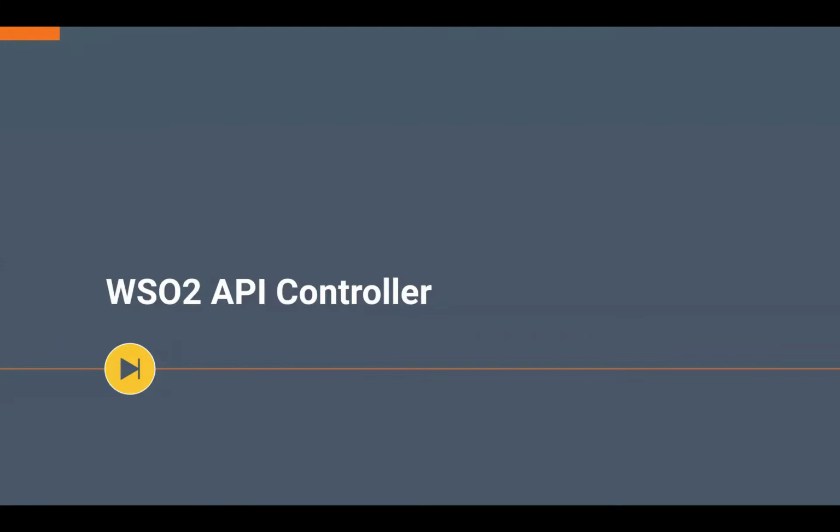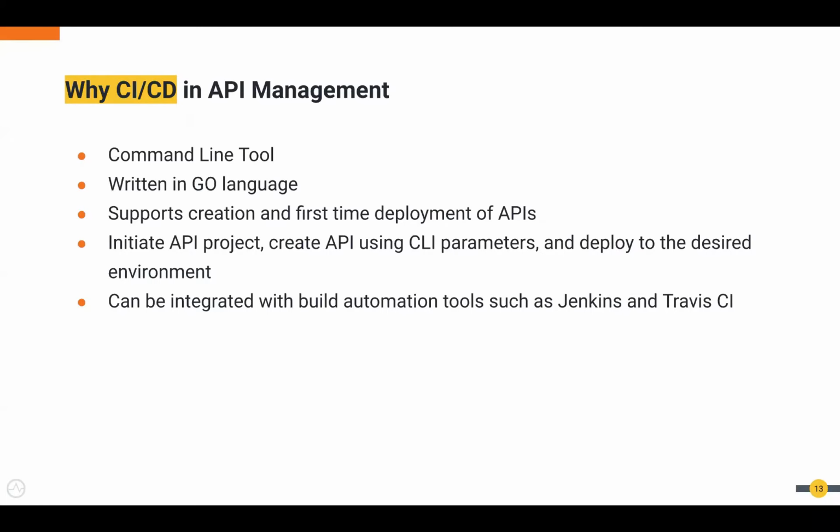Now we move on to the WSO2 API controller. If your API management platform is WSO2 API Manager, we have a tool called API controller, which helps you to implement a smooth and very efficient CI/CD pipeline.